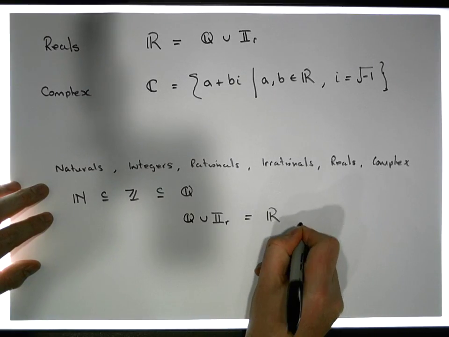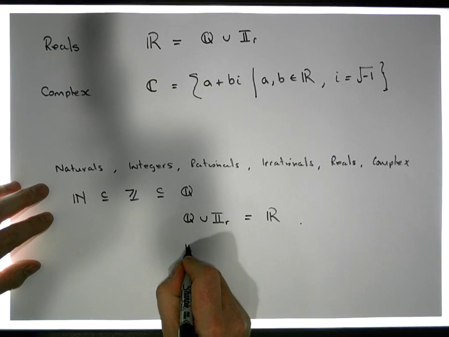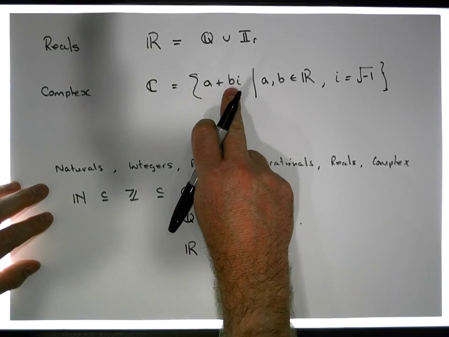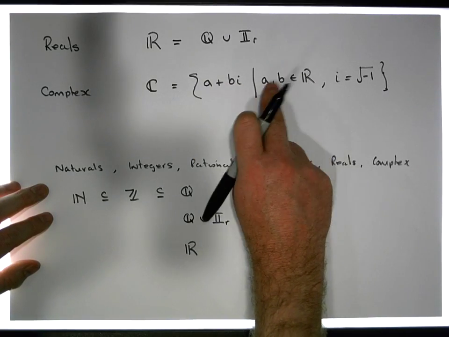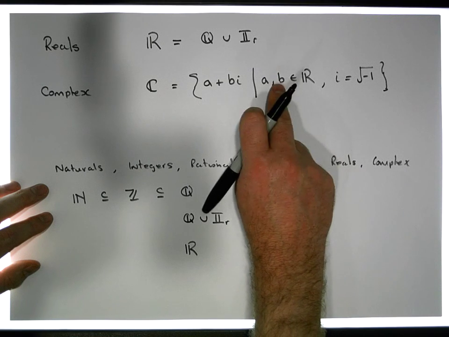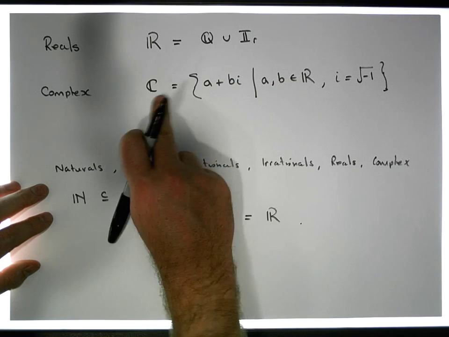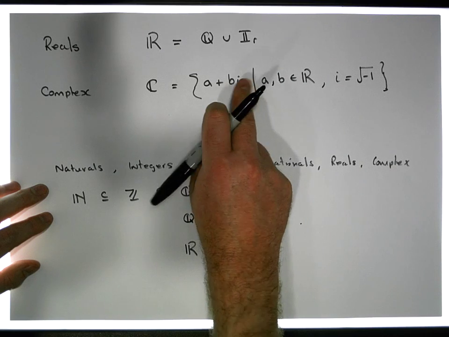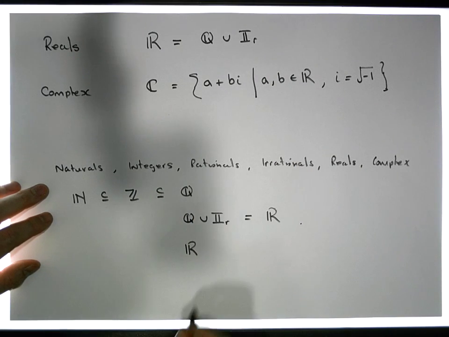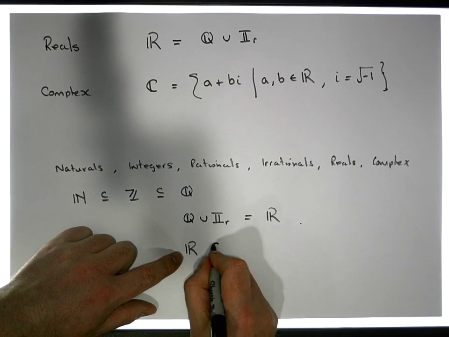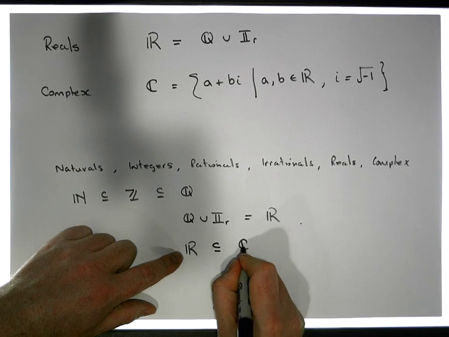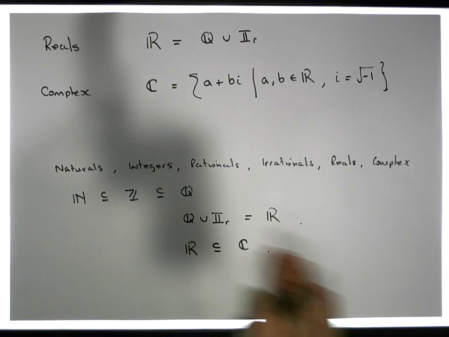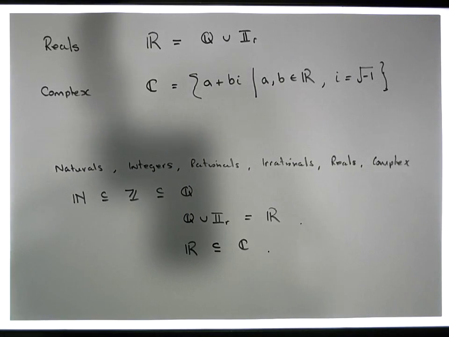We also have that when b is equal to 0, b is a real number, 0 is a real number. When b is equal to 0, this set of complex numbers will be a plus 0i, and 0 times i is 0, so it reduces down to the reals. So the reals are also a subset of the complex numbers. So this is our chain in relation to these number systems together.